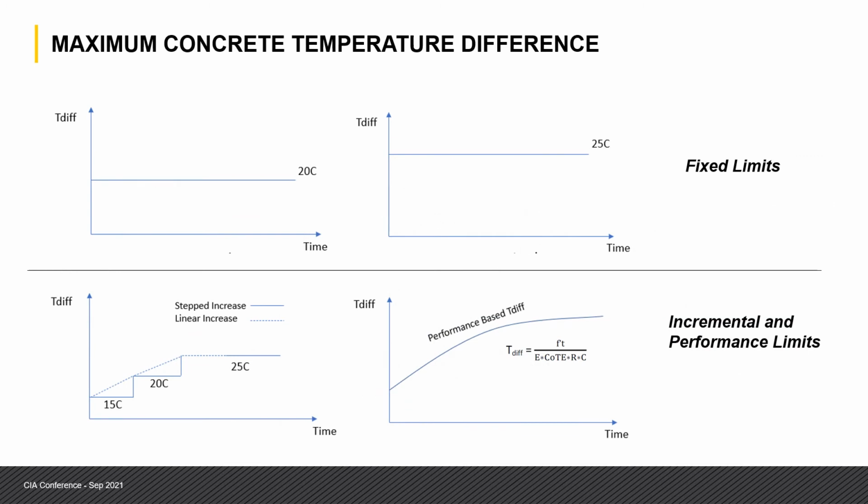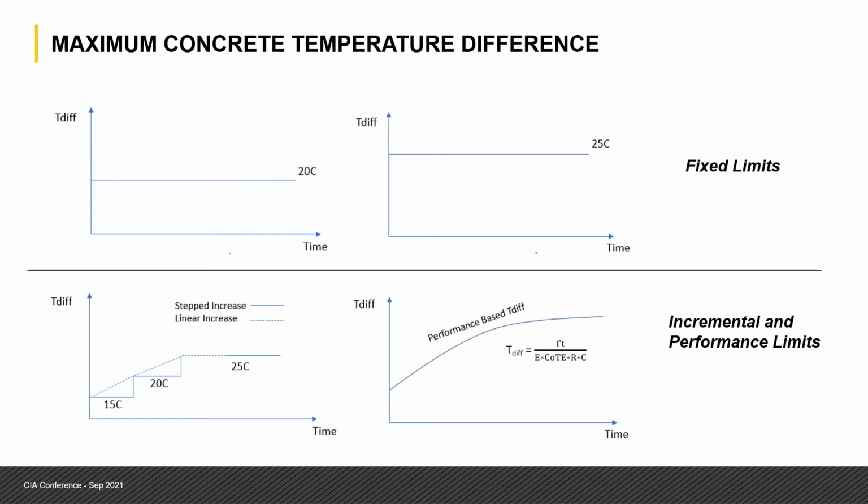And here I'm going to show you the more common examples that we have adopted in Canadian standards. You can see that there's a fixed limit of 20 degrees Celsius. If you have a lower coefficient of thermal expansion, you can use the 25 degrees Celsius fixed limit. If you can justify the ability of the concrete to develop strength with time, you can use the step increase or the linear increase.